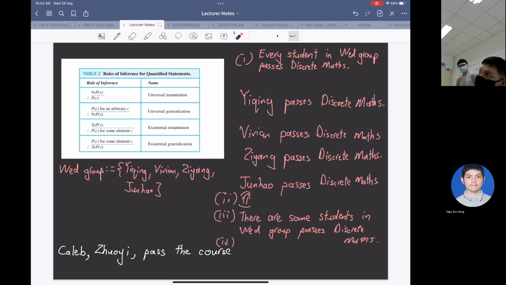Even if the first statement is false, it can still be that the whole statement is true. So if this is Q and this is R, if Q implies R and Q is false, Q implies R is still true.